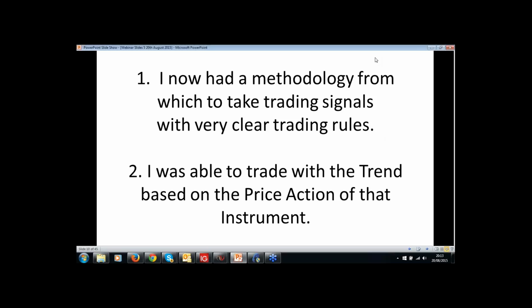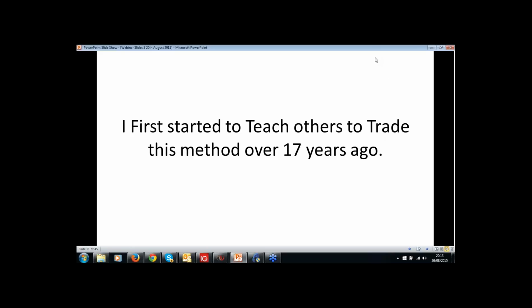Now, I first started to teach others to trade this method over 17 years ago, and there was a simple reason why I decided to do this. That was because I, as an individual, had personally struggled with a methodology to trade the financial markets. Then when I learned price action, and it had done so much for me in such a short space of time, I quickly realized that there are bound to be others out there looking for exactly what I was looking for.